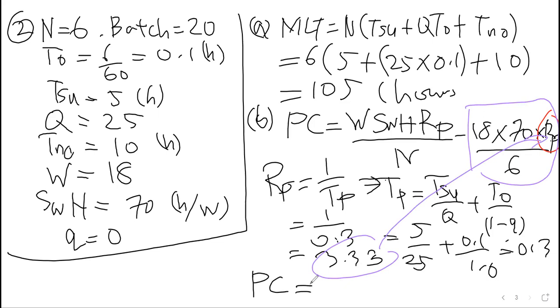PC equals 700 pieces per week, because we use weekly for this one. So you get the weekly production capacity. All right, so that's B.